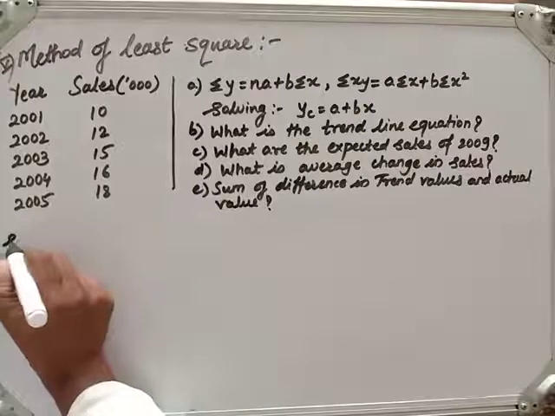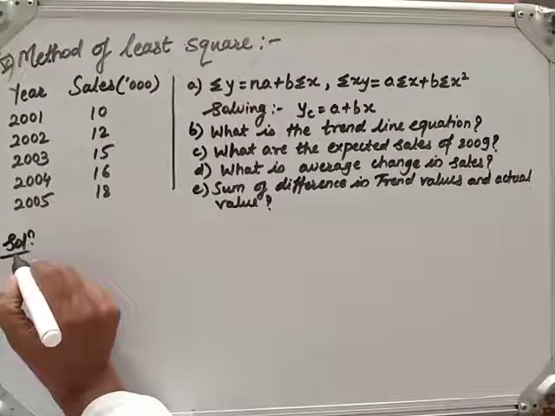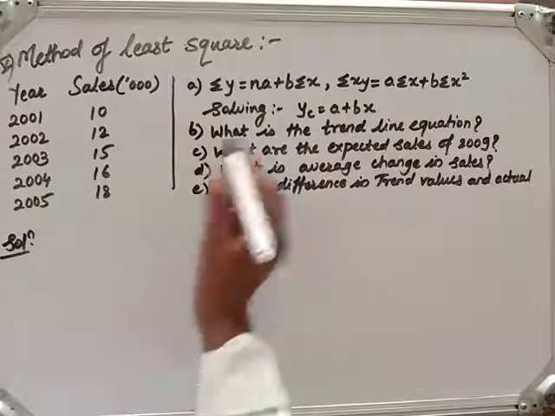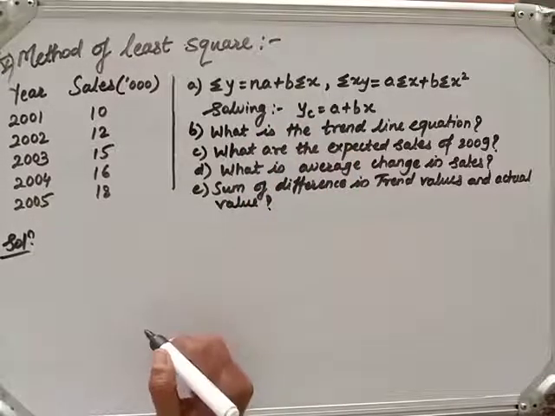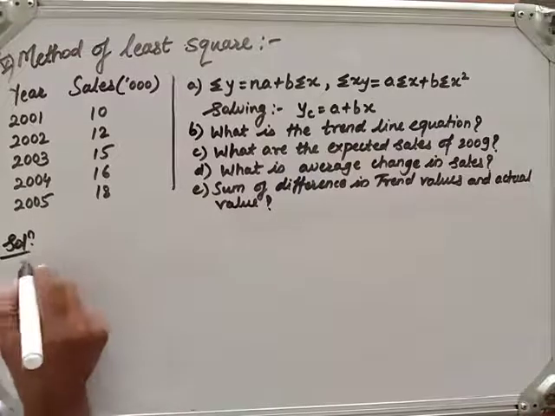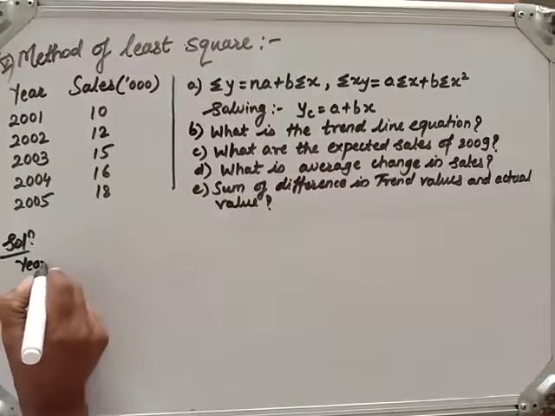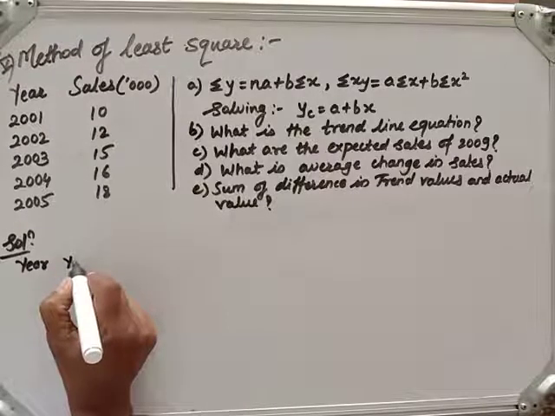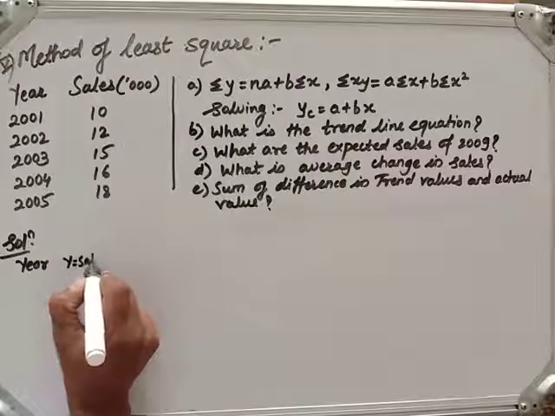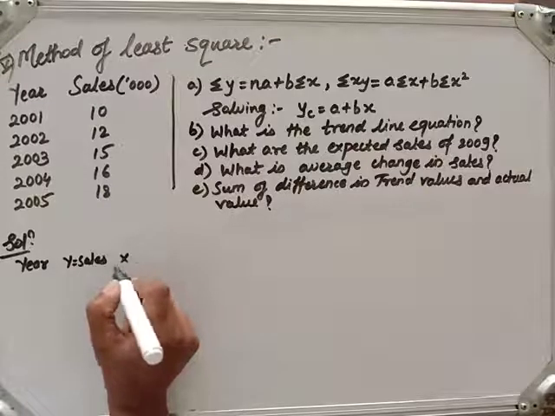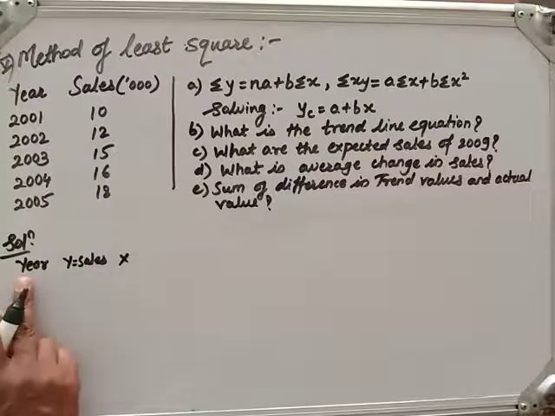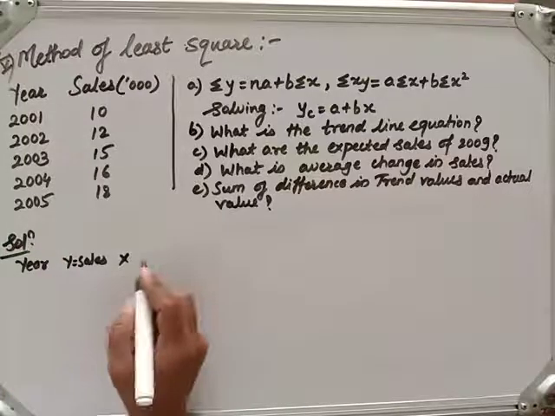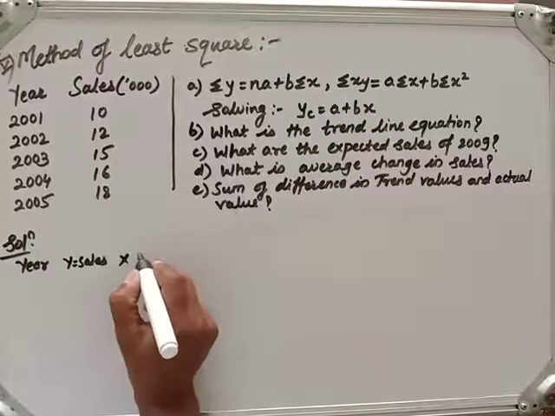So solution for this: let's prepare a table first to determine these sums. Year, then y, which is sales, right? Then x. Since the years are 4-digit figures, let's take a deviation from 2003.